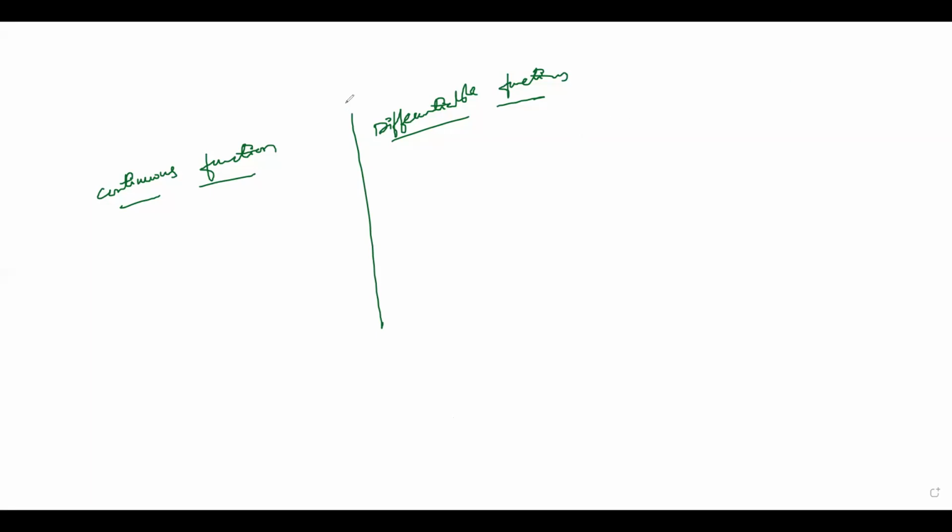I will tell you. Coming to the continuous function: if the limit value is equal to the functional value, then we can say that it is a continuous function. Or there is no interruption in the curve. It goes continuously, no?